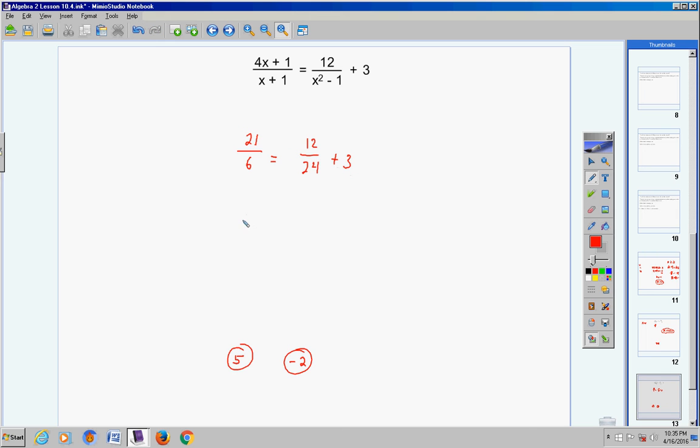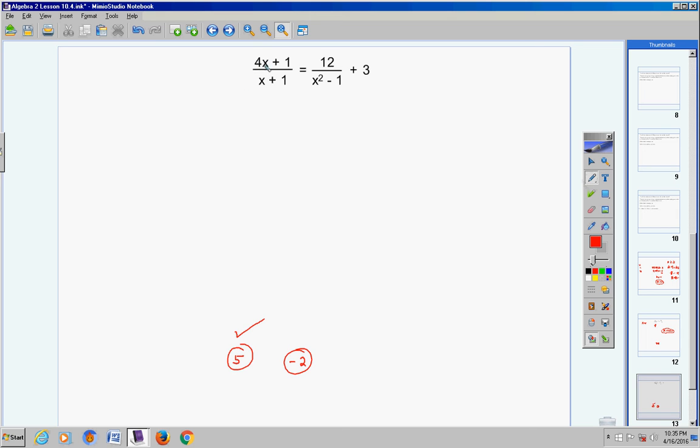Now, with your calculator, well, we know that 12 over 24 is 1 half. So I have 1 half plus 3. That's 3 and 1 half. If I reduce 7 over 2, that's 3 and a half. So I get 3 and a half equals 3 and a half. So this checks. Now I've got to check the negative 2.